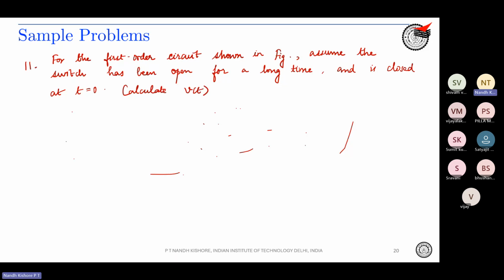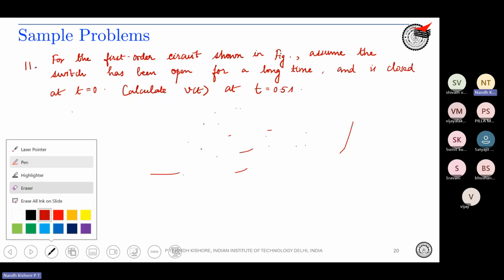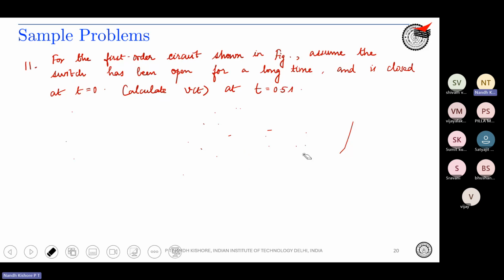Calculate v of t at t equal to 0.5 seconds. So they have given a circuit and we need to calculate the voltage.